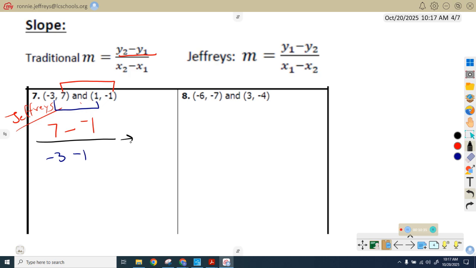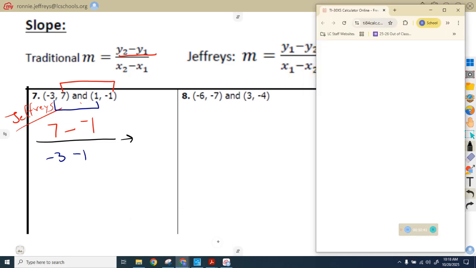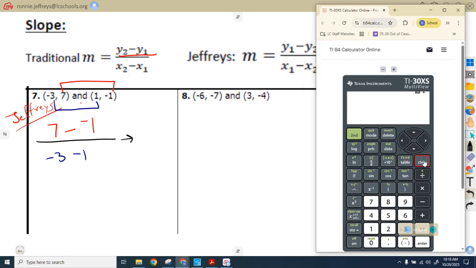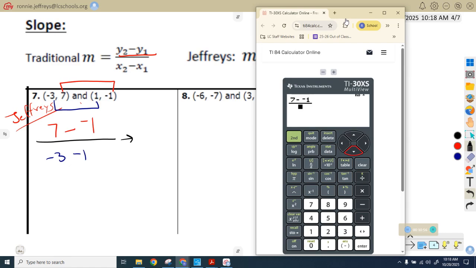Now, either way, it's a calculator problem. So the way you would do this, you would hit the N over D button, 7 minus -1, then scroll down, -3 minus 1. Bam! I get -2.